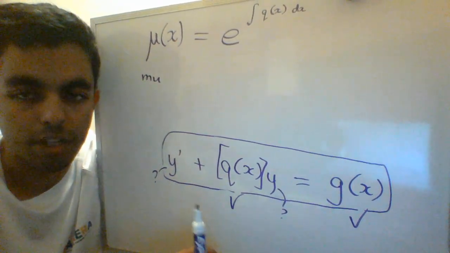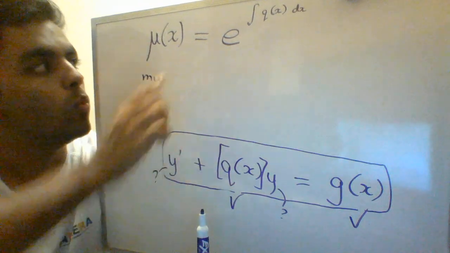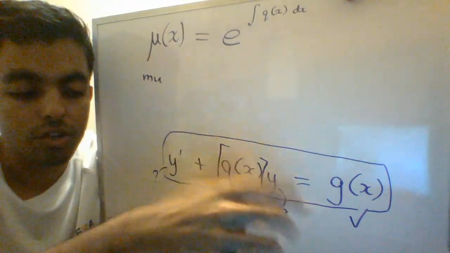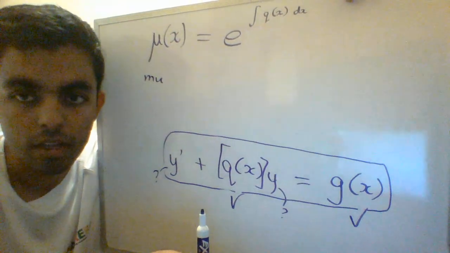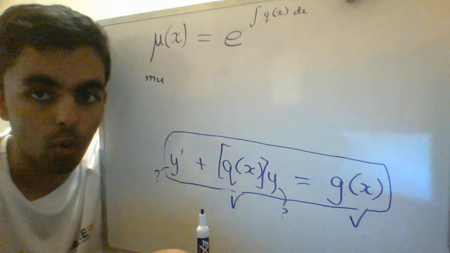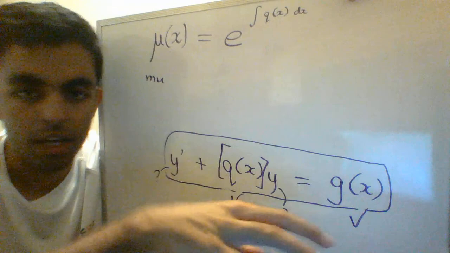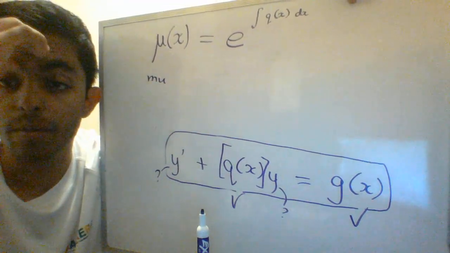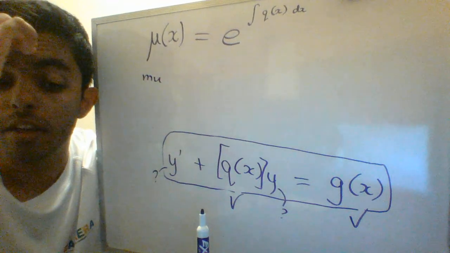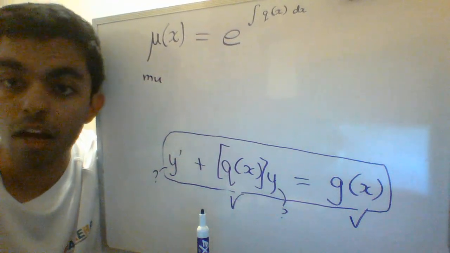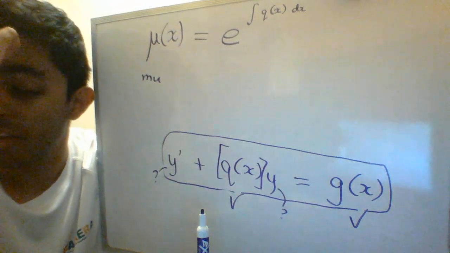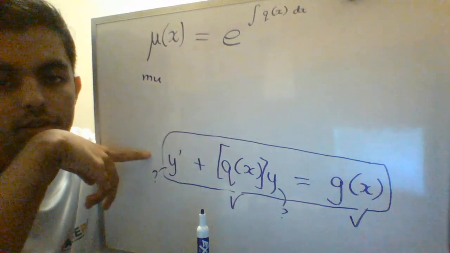Alright, so I'll say that one more time. We're going to use this up here, throw it into some other formula that equals y. And when you plug in all the things you need for mu and a couple of other things that we're going to see in a moment, and you get a final answer out the other side, it's going to be a function of x that satisfies the DE that you started with.